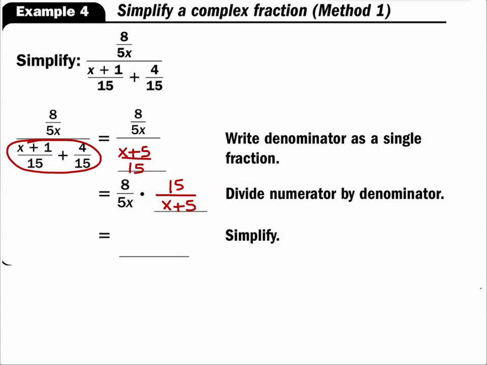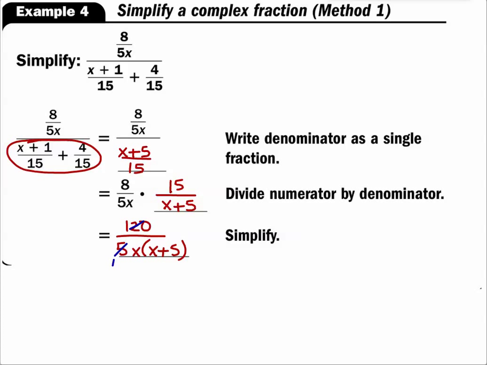So simplify. Well, here we go. 8 times 15 is, actually don't know, 120. And in the denominator we have 5x and x plus 5. Now there's one more thing that can happen here, because the 120 and the 5, they reduce.